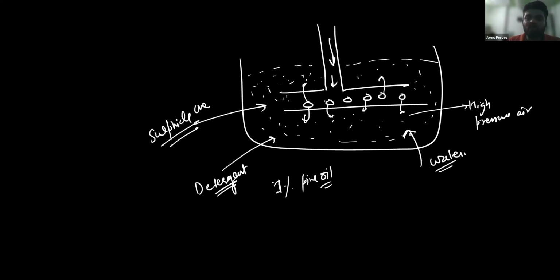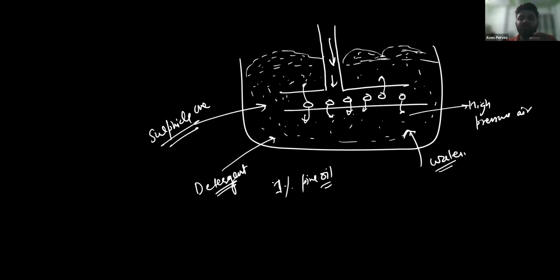So when you mix the whole solution and pass high pressure air through it, a froth is formed. Froth means a bubble-like structure, like soap. This froth is of pine oil, and the froth of pine oil has the sulfide ore particles, such as zinc sulfide, attached to it, while the water is mixed with the sand particles.